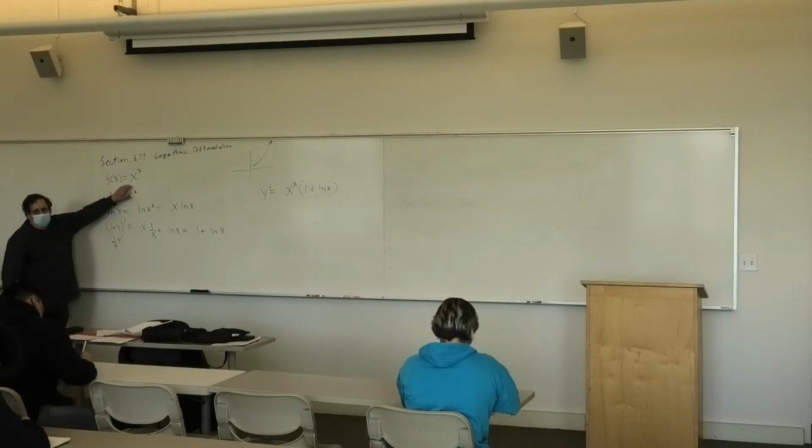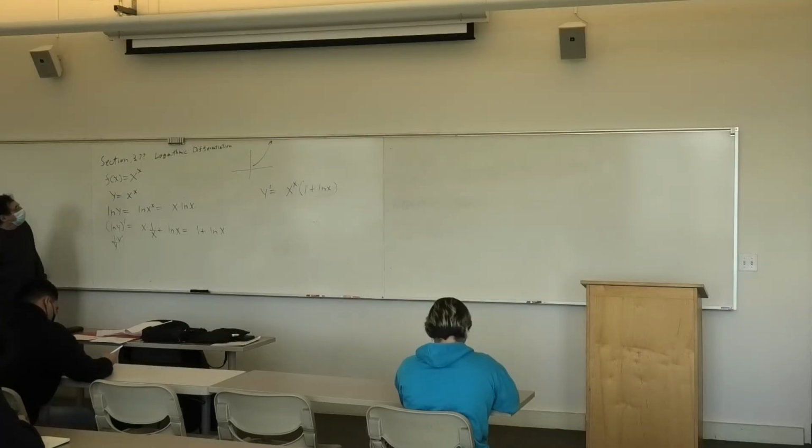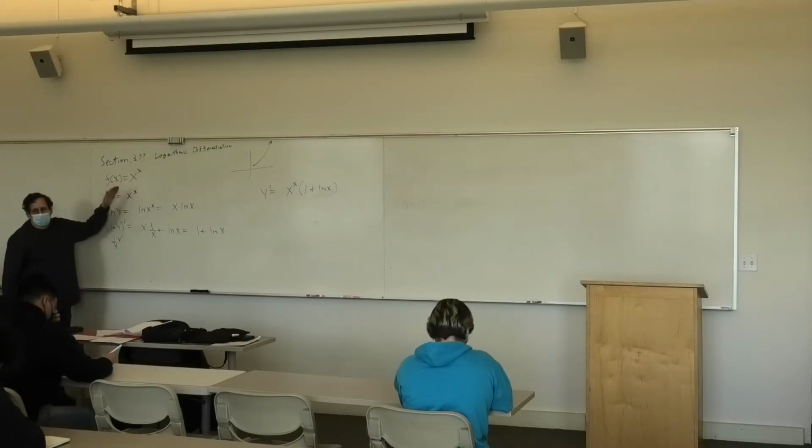So not only can we handle this, but it's much easier than we thought it would be. Much easier than trying to evaluate the derivative formula on something like this.